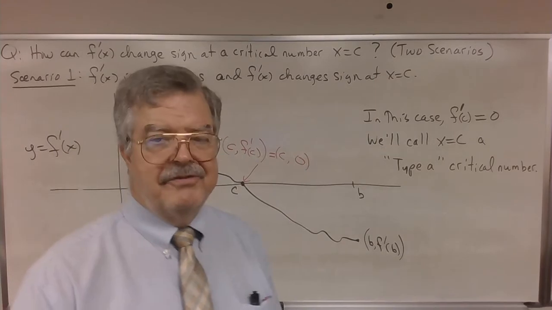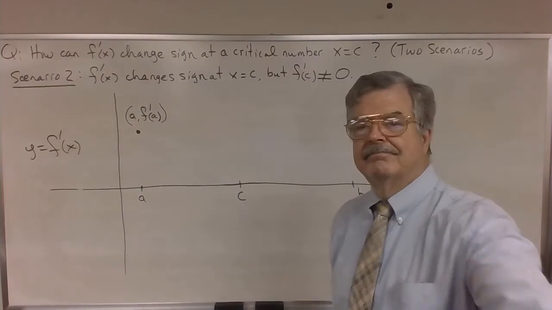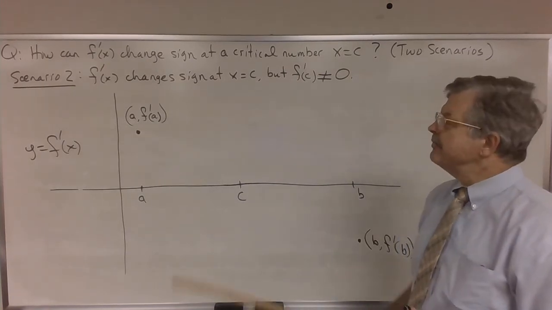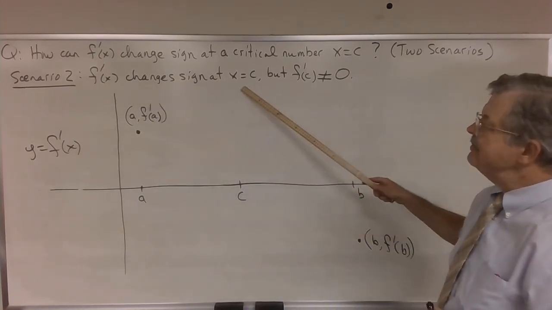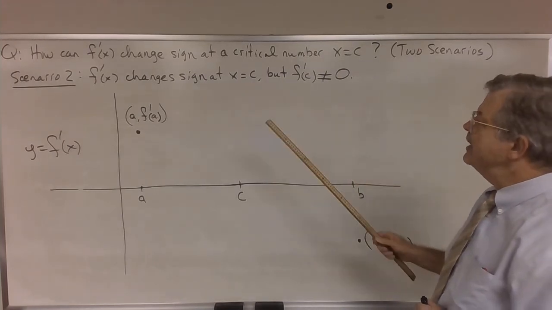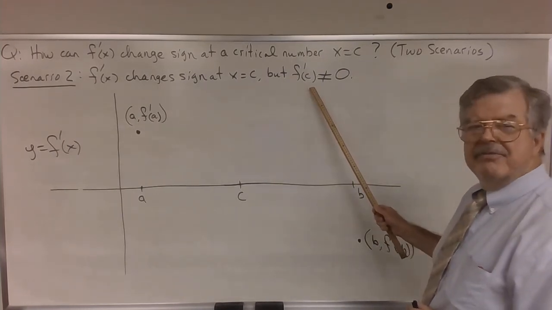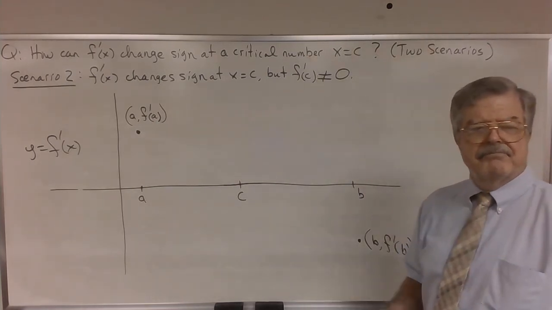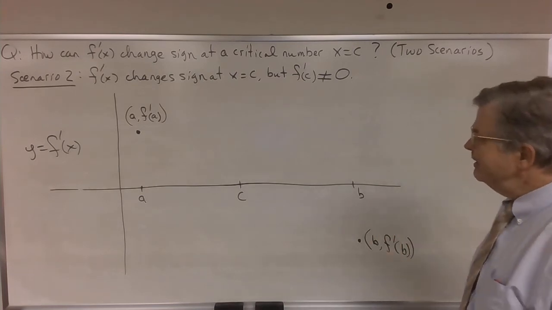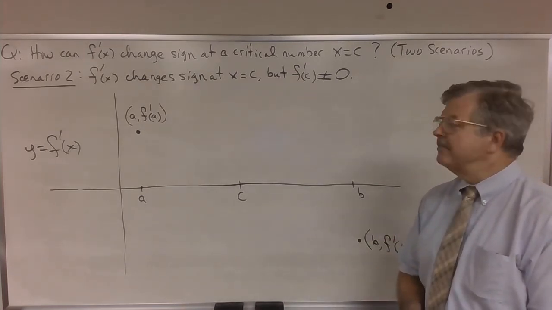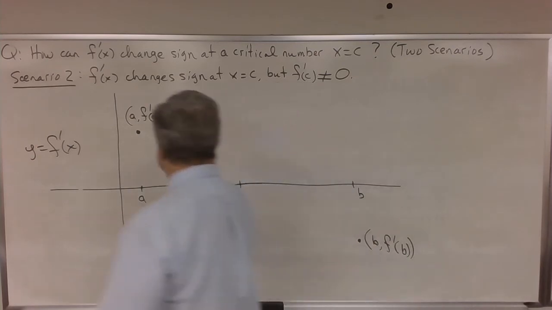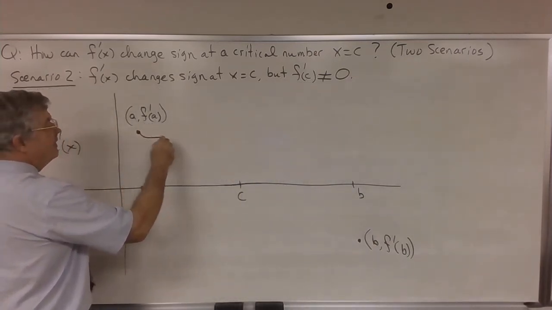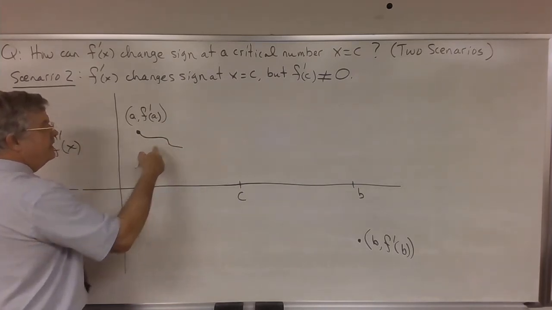Let's take a look at the second scenario. Okay, here's the other scenario. The derivative again changes sign at x equals C, but this time the derivative is not equal to 0 when x equals C. So let's see how this can happen. Over here to the left of C, the derivative f prime is positive, so the graph is above the x-axis.